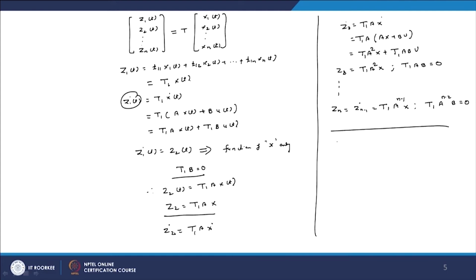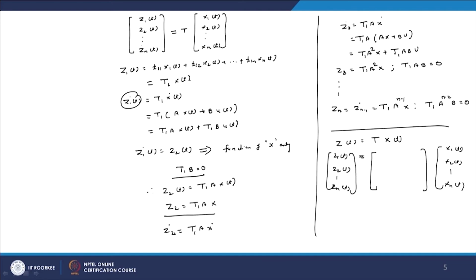Therefore, we write this equation as z of t equal to T into x of t, where this is your x1 of t, x2 of t up to xn of t, and here also we have z1 of t, z2 of t, zn of t.